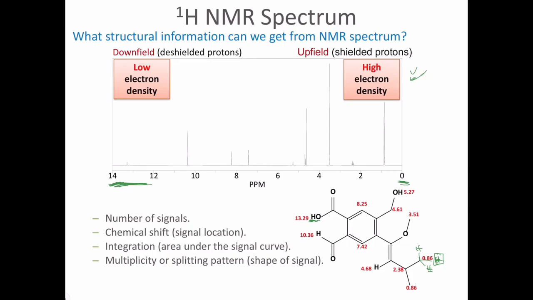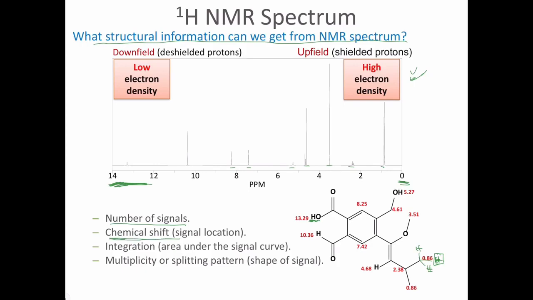So, what structural information can we get from the NMR spectrum? When we look at the NMR spectrum, there are specific things we need to identify. We need to identify the number of signals, okay? Like here, we can identify 1, 2, 3, 4, 5. We need to identify the chemical shift, the location of the signal.